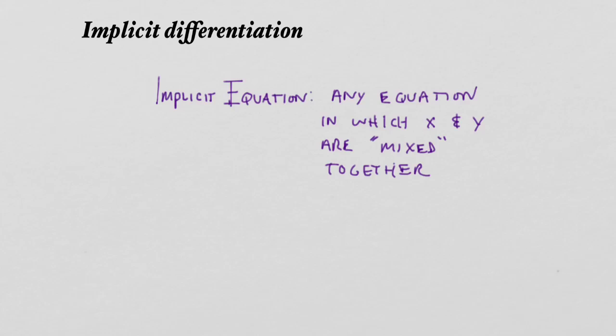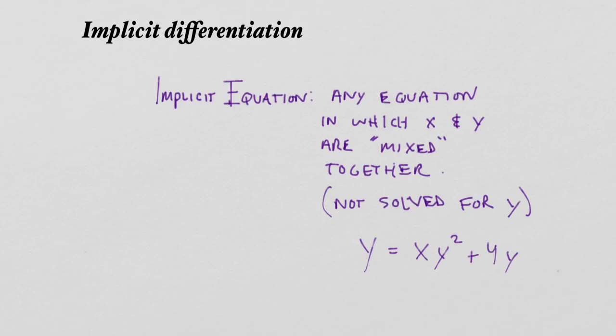It's really any equation in which x and y are mixed together. So typically they're not solved for y. And even if they are solved for y, you could have an equation like y equals x times y squared plus 4y.